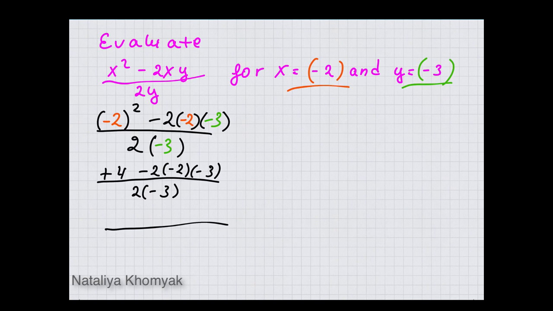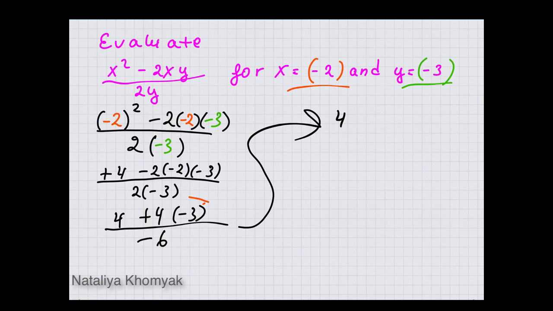So we have 4, negative 2 times negative 2, positive 4 times negative 3 out of positive 2 times negative 3, negative 6. We still have one multiplication to go, so we have 4, positive 4 times negative 3, negative 12 out of negative 6.